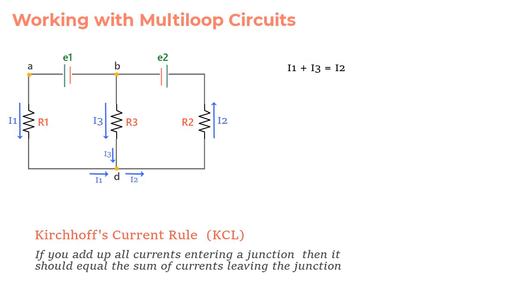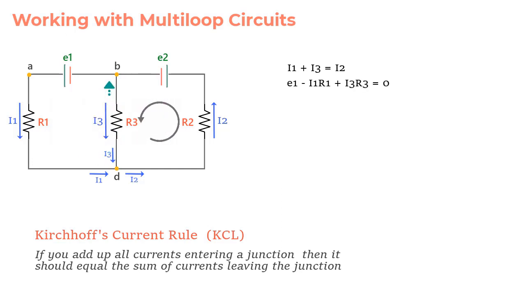So what we can do is use the loop rule for two different loops to get two more equations. Well, we can choose any two loops from the three that are available here. So let us pick this one and this one, and we'll first move around this loop in anti-clockwise direction starting at point B, and what we get is E1 minus I1 R1 plus I3 R3 is equal to 0.